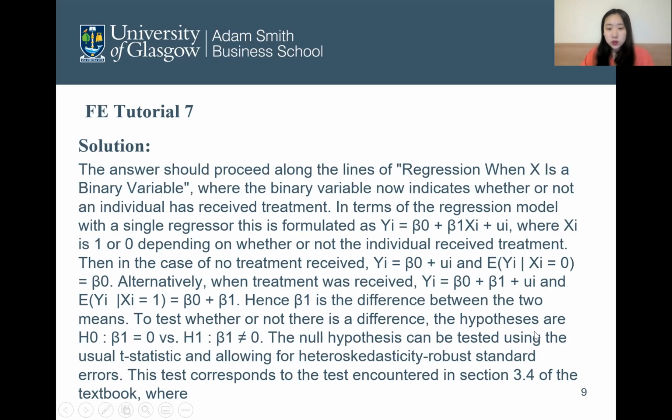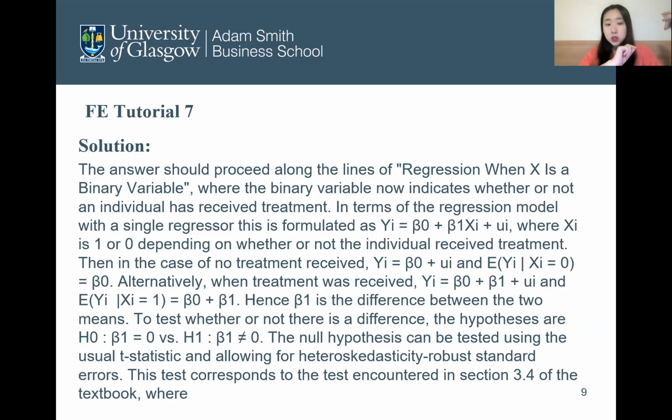To test whether or not there is a difference, the hypothesis tests that beta 1 equals 0 or beta 1 does not equal 0. Because the difference between these two means is just beta 1. So when beta 1 equals 0, that means there is no difference.